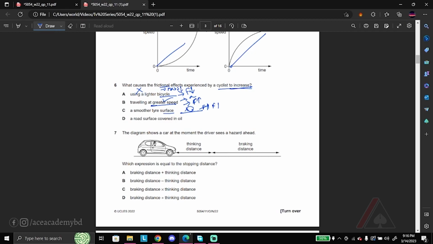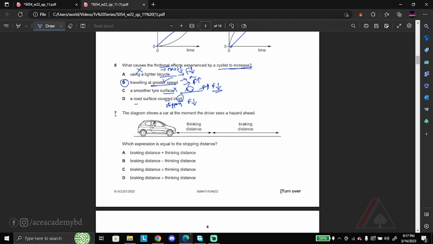No, the frictional force decreases in this case. So this will not be an answer. D, a road surface covered in oil, is the same as option C. Since oil is a slippery substance, the frictional force will decrease. So the only probable answer is B.